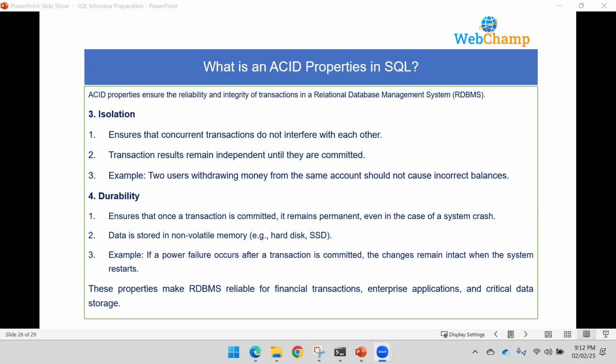Then the balance of the account should be calculated properly. It should not overlap and show an incorrect balance.